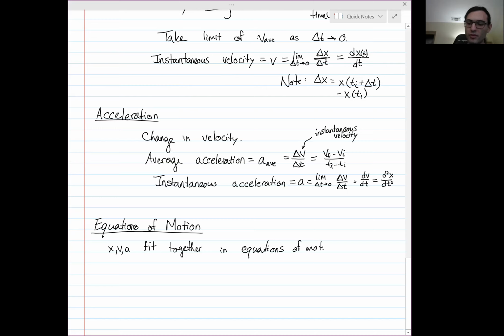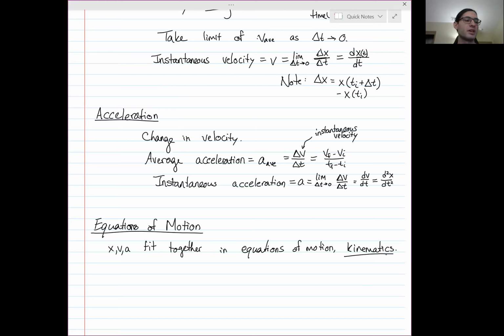Now, the specific case that we're talking about is kinematics. Kinematics is the name of the thing that we're about to talk about. But we haven't at all talked about what causes this motion. All we're talking about so far is describing motion symbolically.